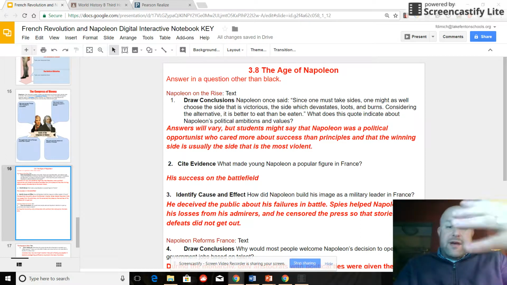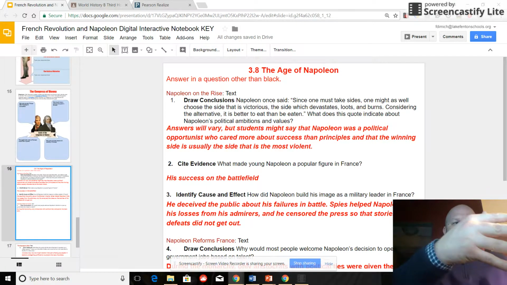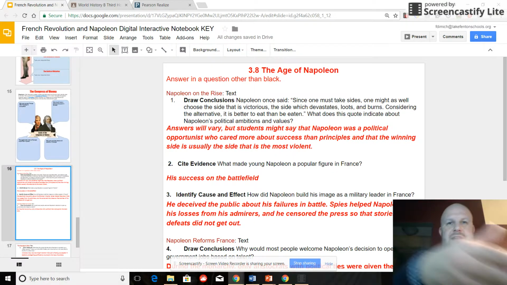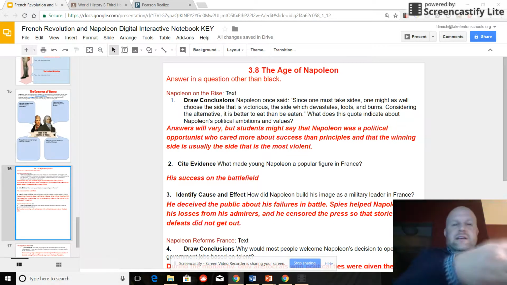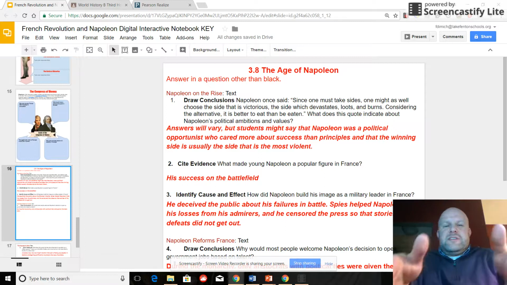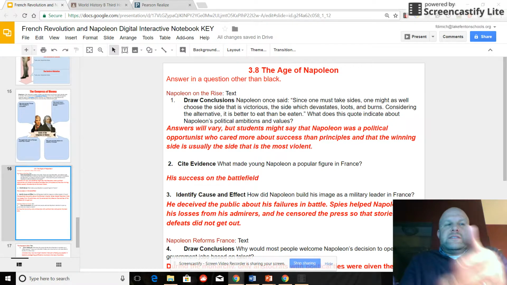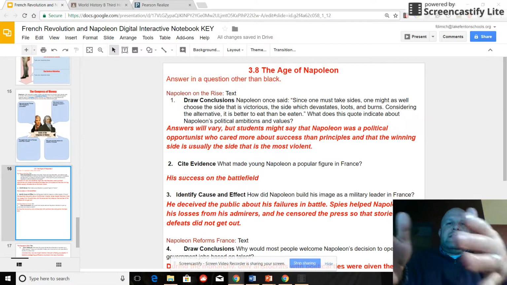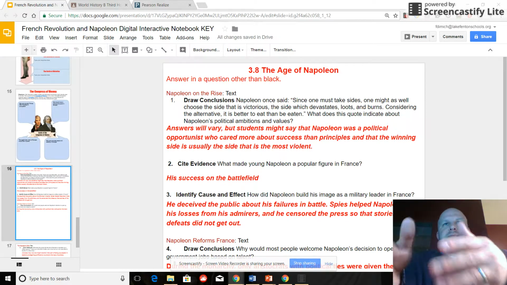Like, which side were you on? If you're in Robespierre's time, if you're seen as being too sympathetic to the monarch, you could be executed. Or you could be in trouble if you're seen as not sympathetic enough to the revolution. Or if you're seen as being too sympathetic to the king, that could cause you problems.